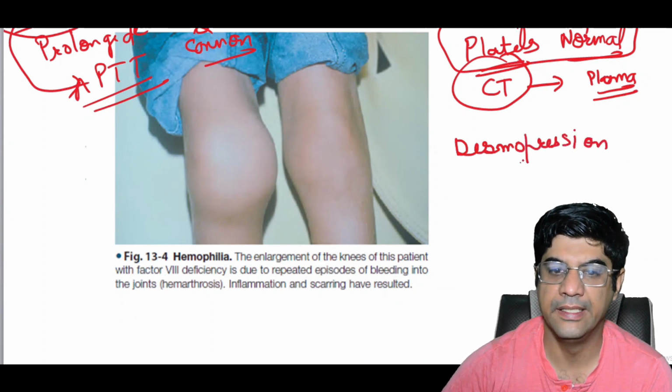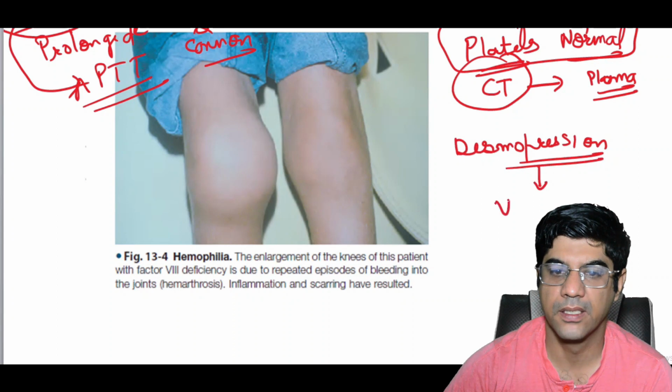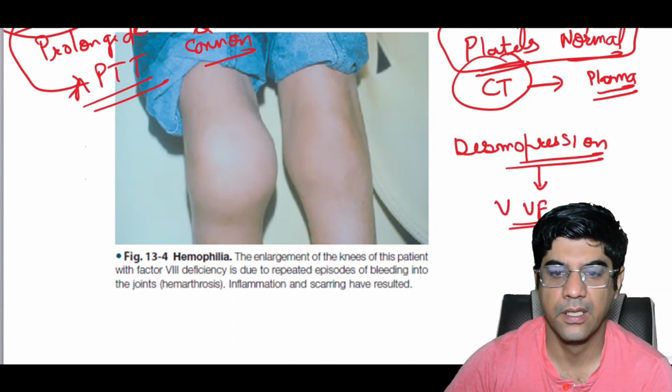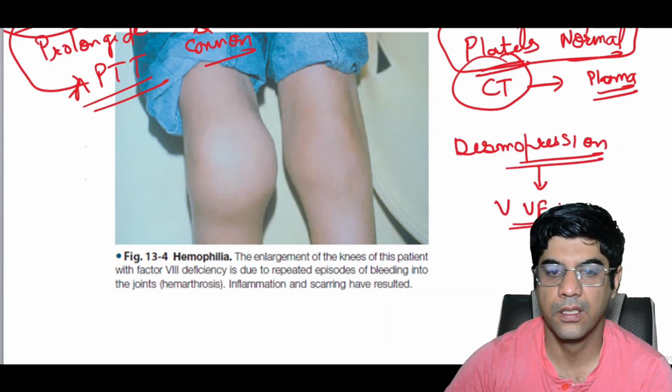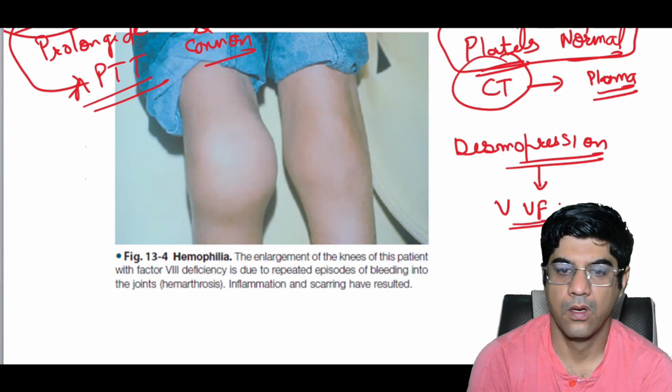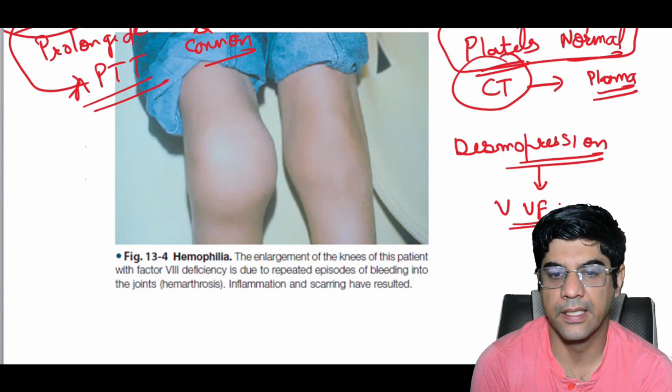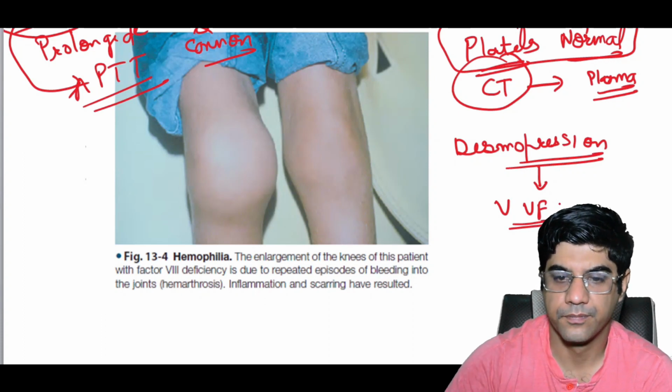It stimulates the release of von Willebrand factor in a milder case of von Willebrand disease. For the joints, physiotherapy can be given, or genetic counseling can be given for the families who are affected with X-linked hemophilia.